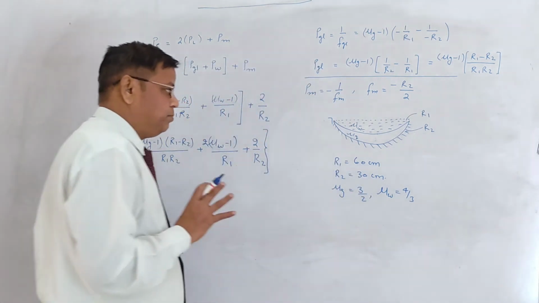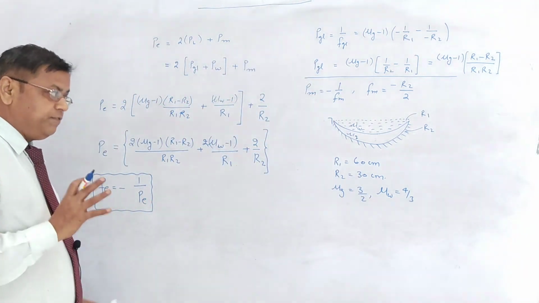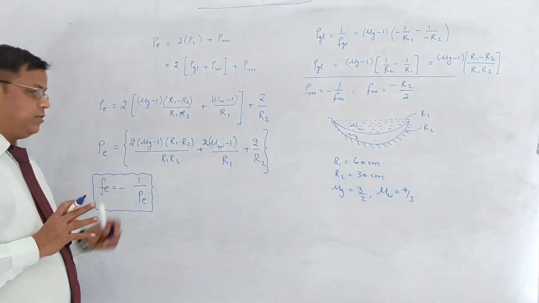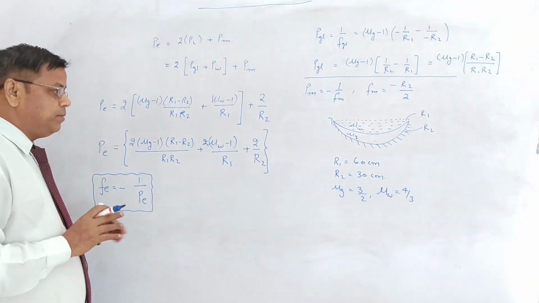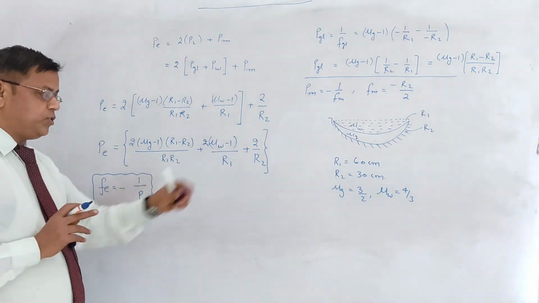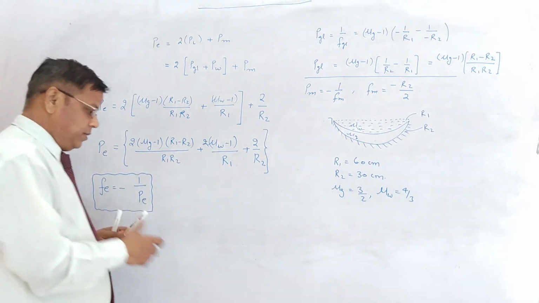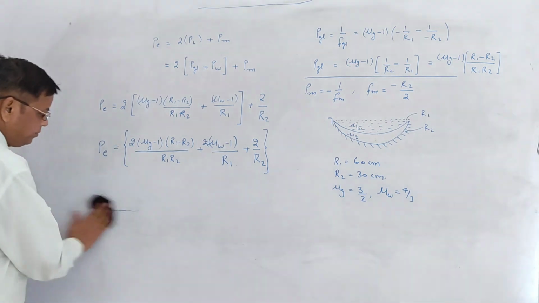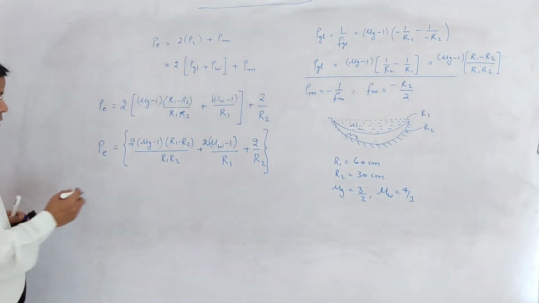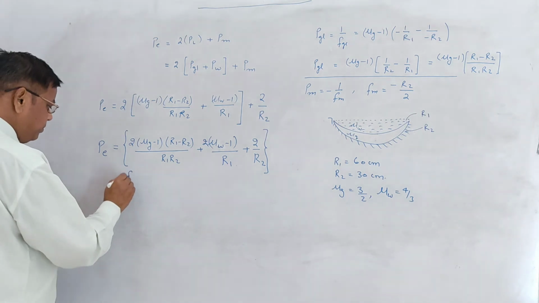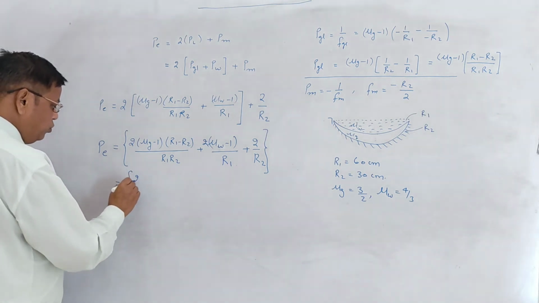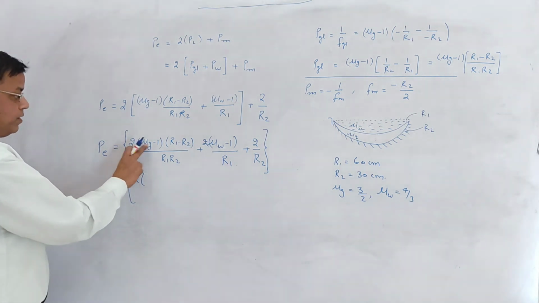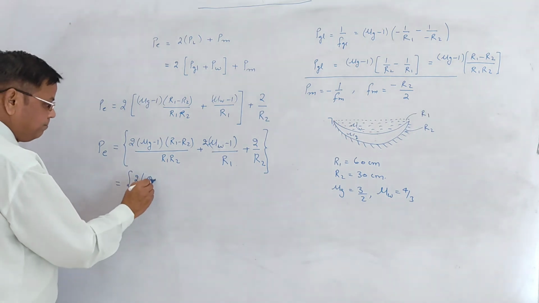Then what is the effective power, effective focal length of this system? Now we can calculate it by putting these values in this expression. It is 1.5 minus 1, so 0.5.